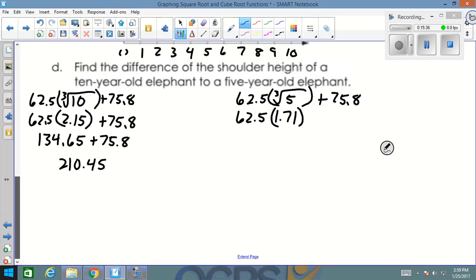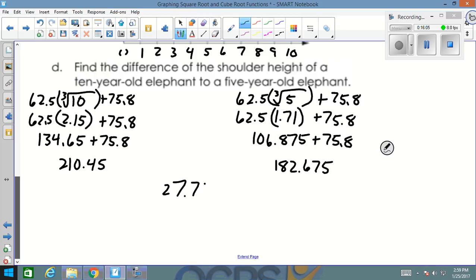Times that by 62.5, 106.875, plus the 75.8, 182.675. So subtract the two, about 27.775. So not a whole lot of difference between the 5th year and the 10th year in centimeters.